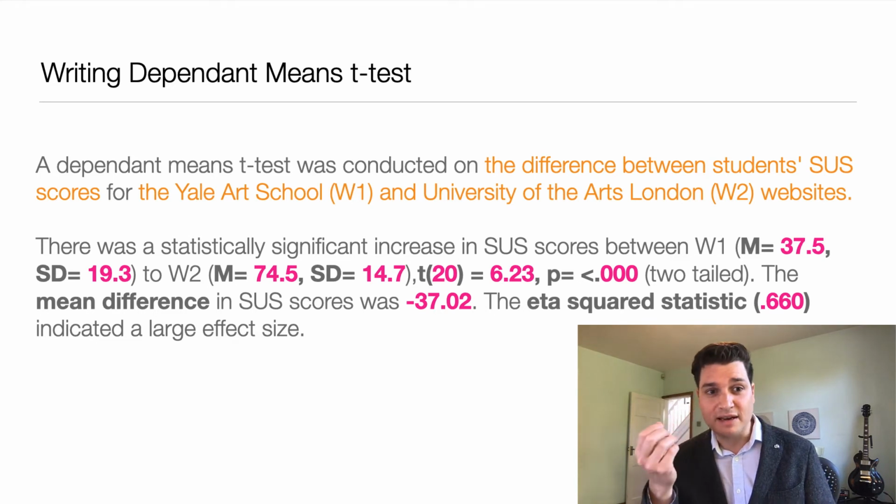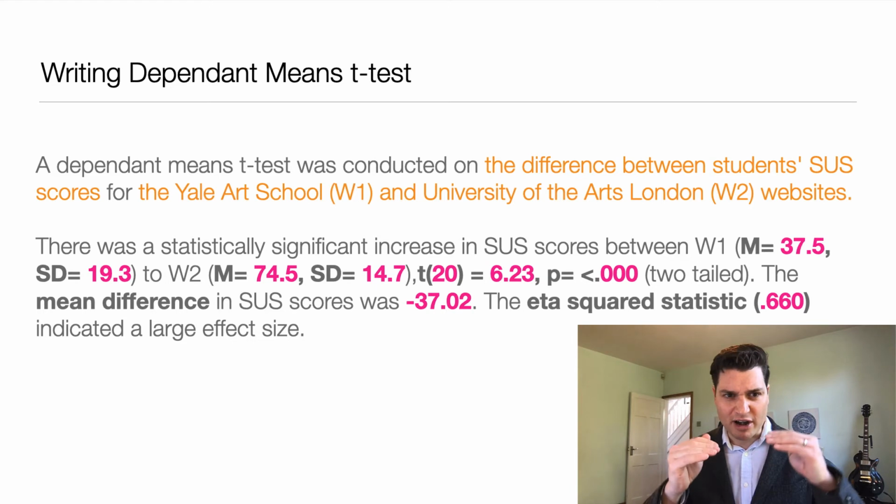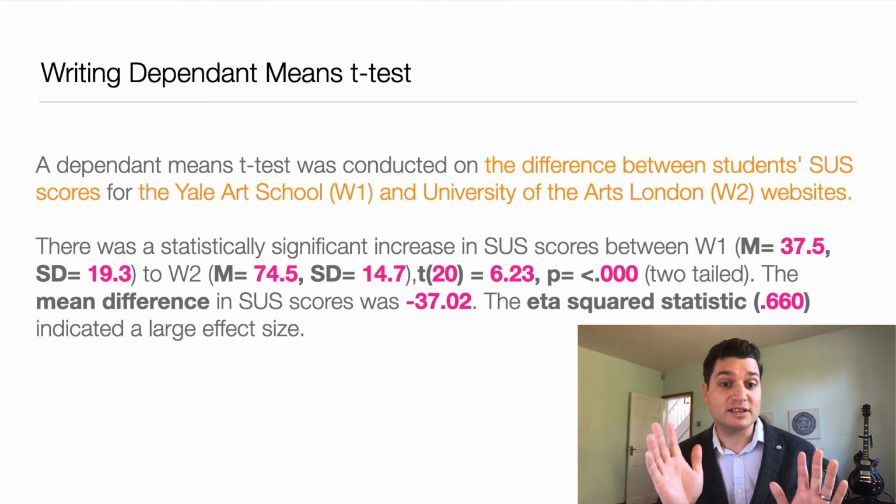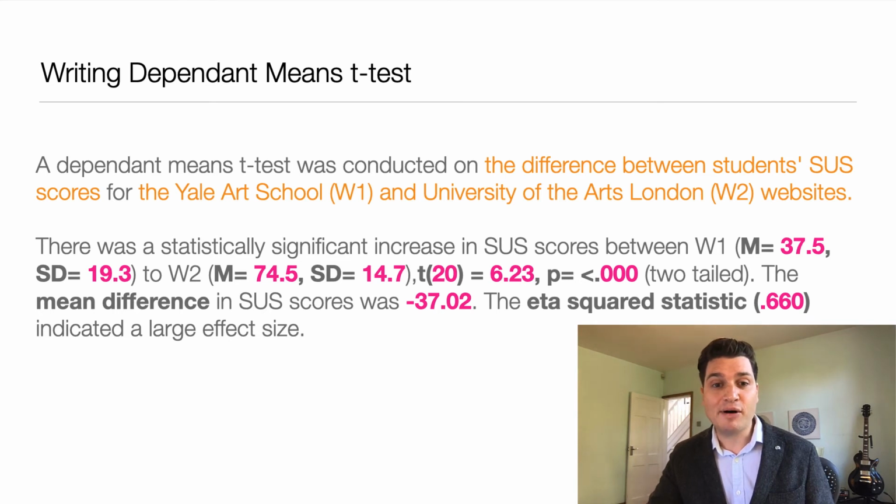You see that the mean for the first one was 37.5, and then it really rose up to a mean of 74.5. All that's out of 100, so you can see it's really gone up. The t-score is 6.23. 6.23 is just a measure of how far away the groups are. Don't worry about it. Then we've got significance, 0.000.